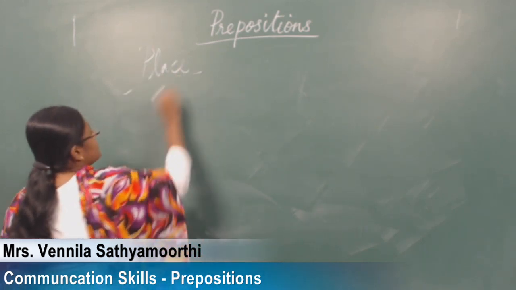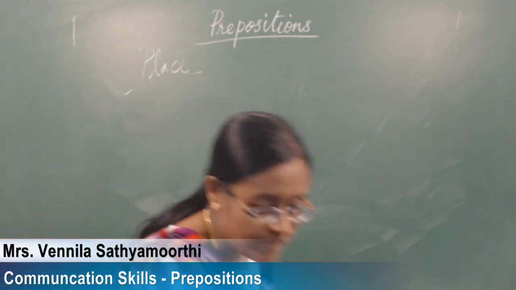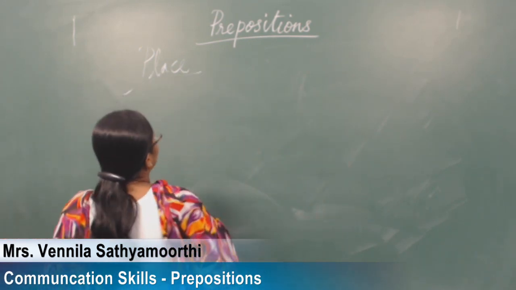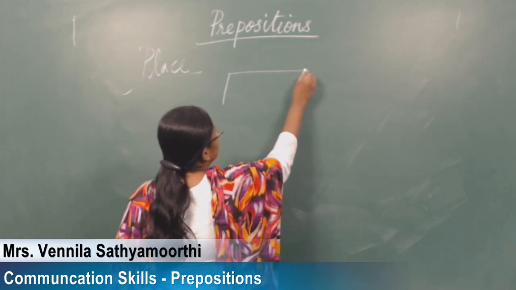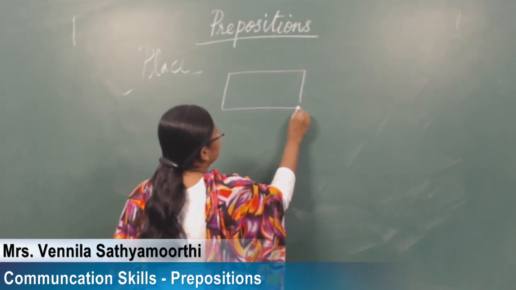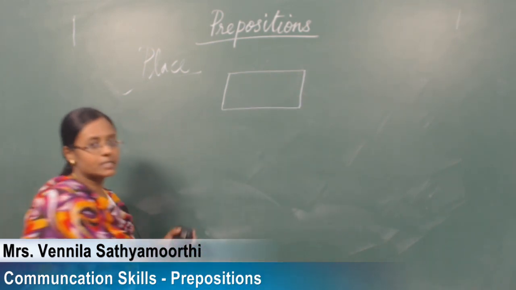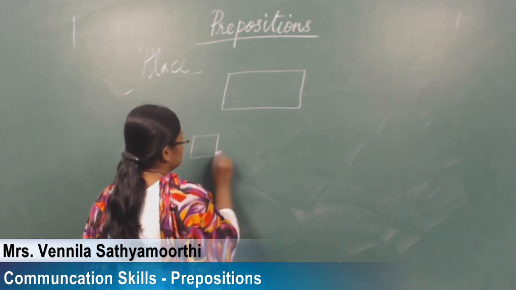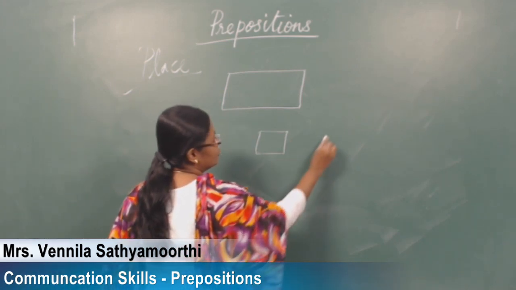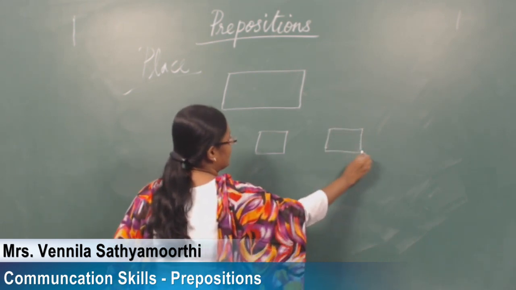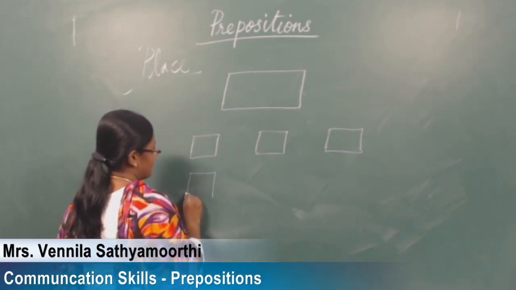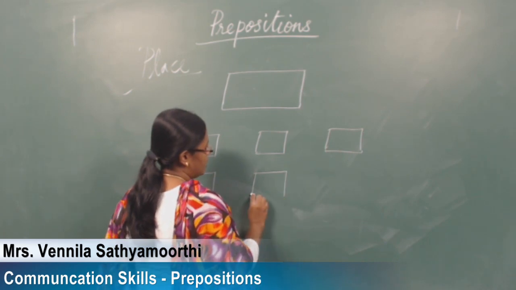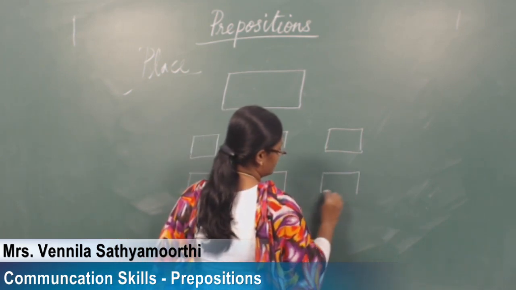Then place, the positions. I'm just drawing. Let's see. This is a classroom, the board, and there are 2 rows of seats with 6 people seated. And we'll see how to use which preposition, right?